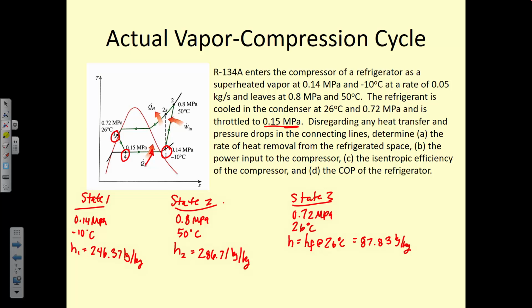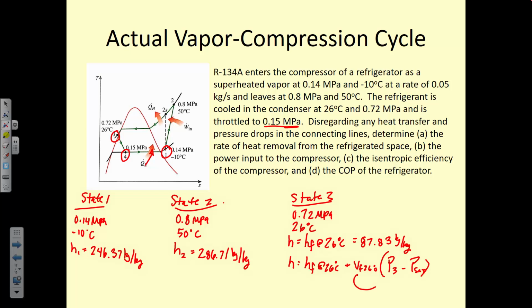So an additional correction factor that we could make is we could say H is equal to H sub F at 26 degrees C plus the specific volume V sub F at 26 degrees C times the pressure of state 3 minus the saturation pressure.